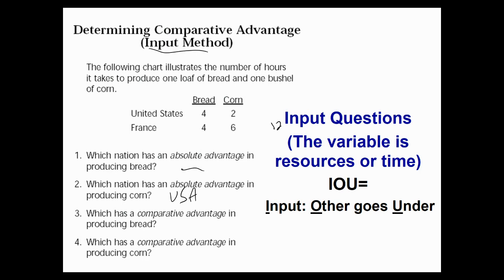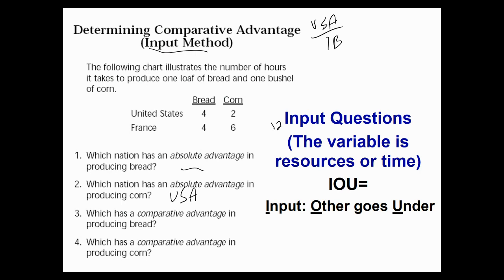But now we're going to take a look at comparative advantage. Who gives up the least? So this is where it's a little bit different. If we go to the USA up here and we go to make one bread, now this is input, so it's other under. So for bread for the United States, it's 4 halves, right? 4/2, other under.